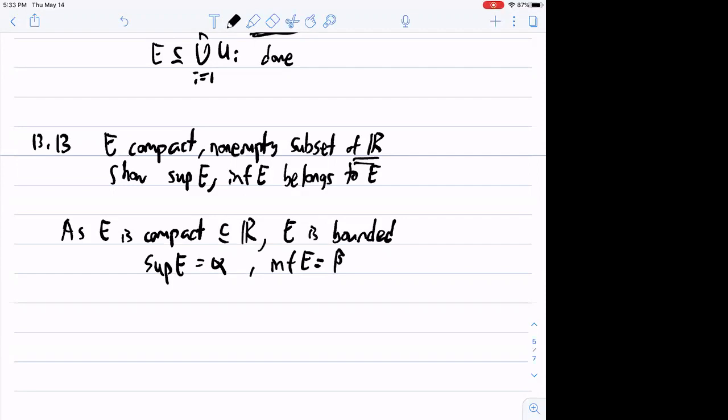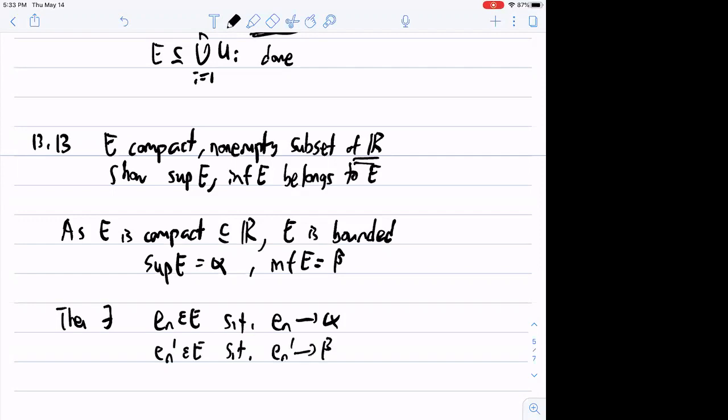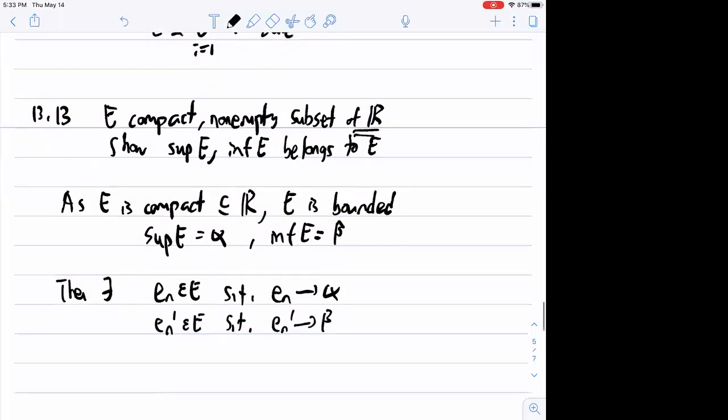Okay, can anyone tell me something about the sup? Do you agree that there exists E_n in E such that E_n goes to alpha, and similarly E_n prime in E for the inf? Does everyone agree with this?